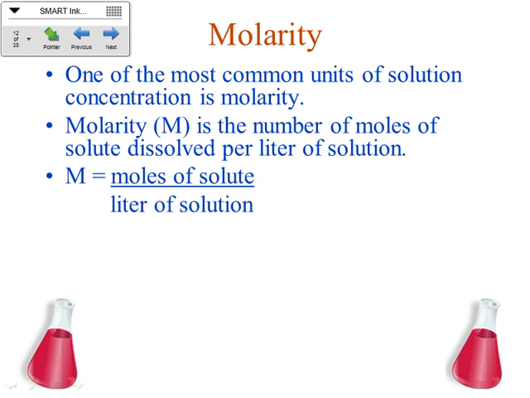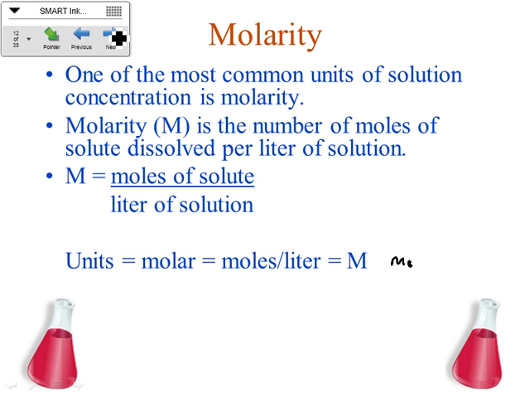Okay, so you just have to watch that. For the units, you can say molar if you want. It's technically moles per liter. You can also just write a big M. Any of those are acceptable for the units for molarity. You can also write moles over liters if you want to abbreviate this one, right?